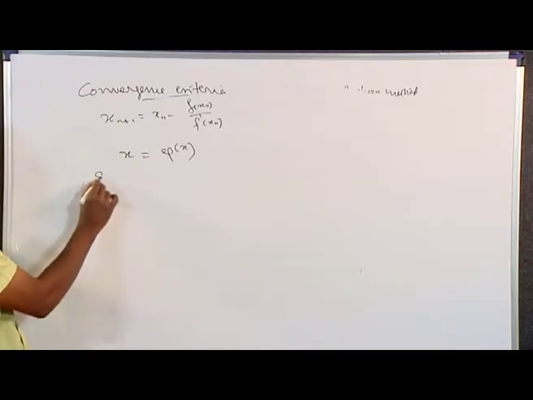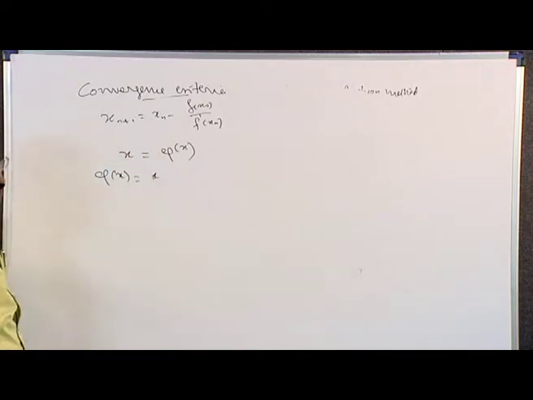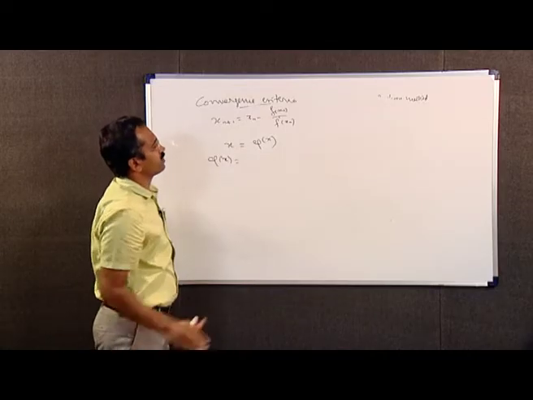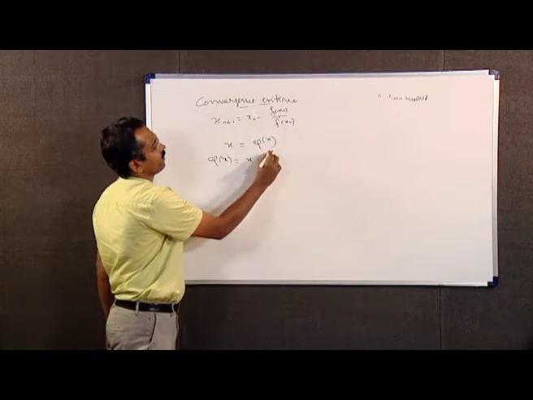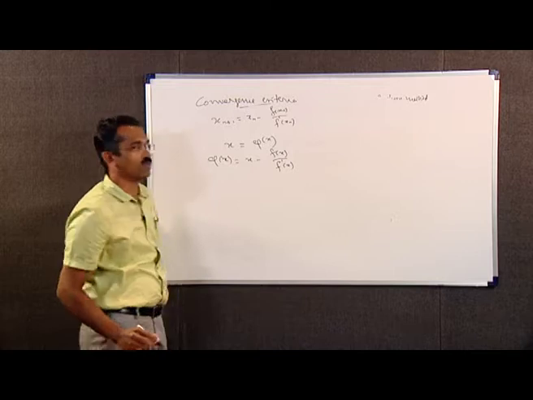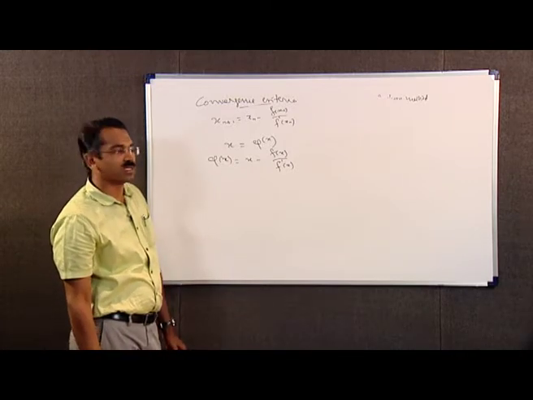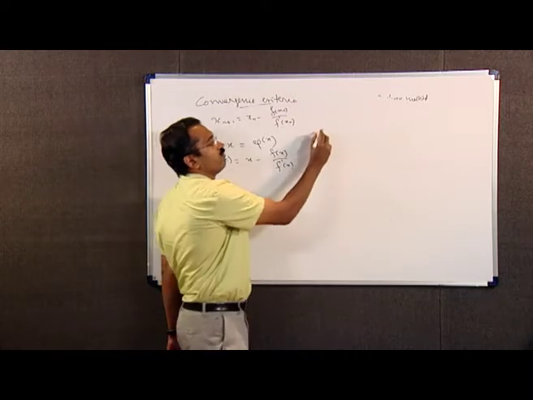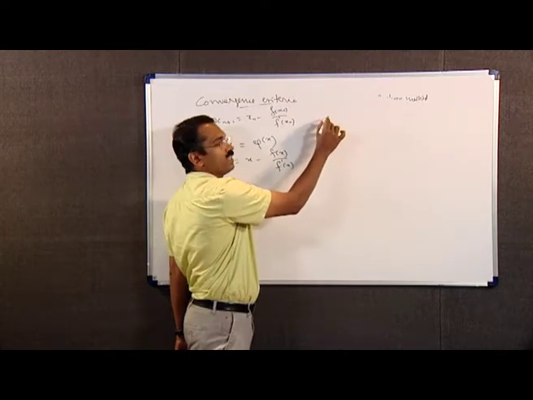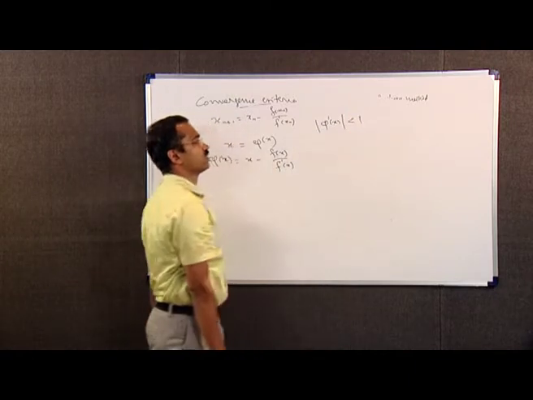Here phi of x is equal to x minus f of x divided by f dash of x. For fixed point iteration, the convergence criterion is modulus of phi dash of x is strictly less than 1.